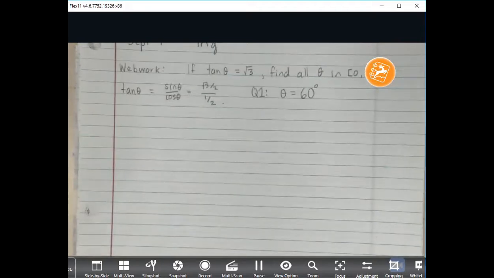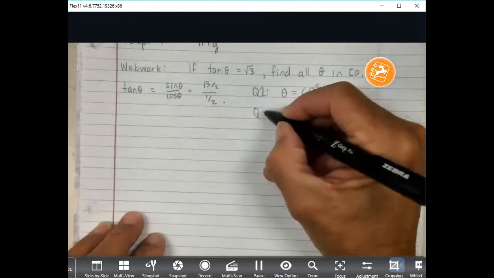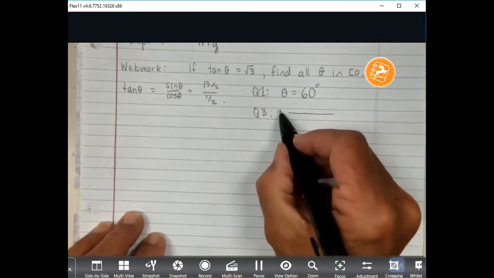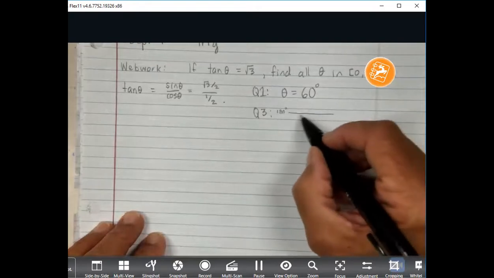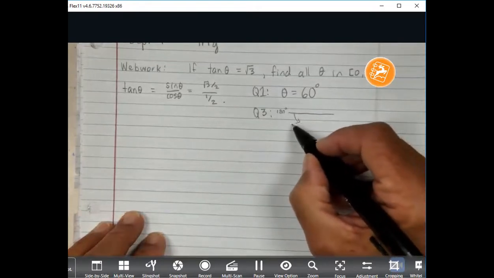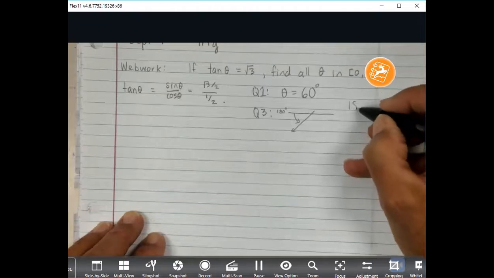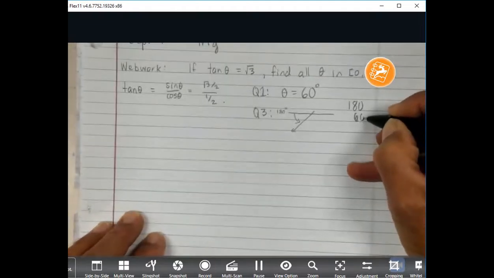Now we're going to use that 60-degree angle to compute the measure of the angle in quadrant 3. So to get the one in quadrant 3, we start with 180 degrees and we increase that by 60 degrees. So 180 plus 60 will be the quadrant 3 angle.